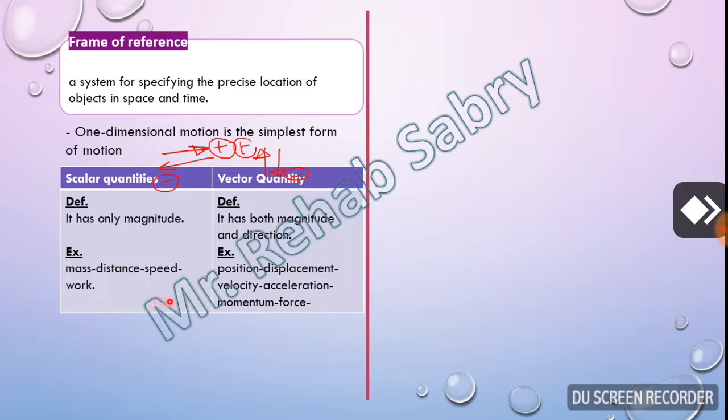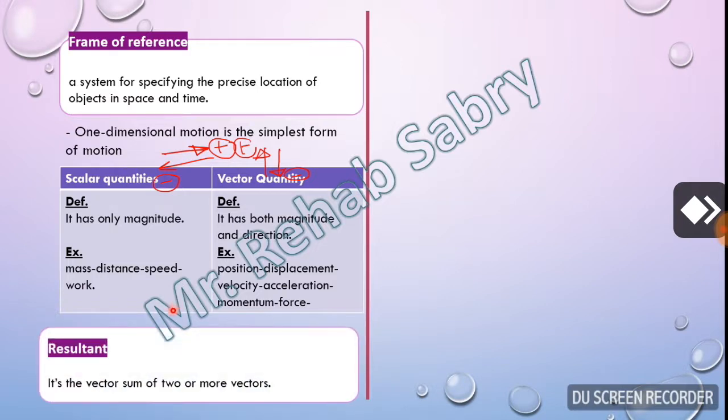But what about adding vector quantities? If we add a vector quantity to a vector quantity, we will have something called the vector sum or resultant. The resultant is the vector sum of two or more vectors.